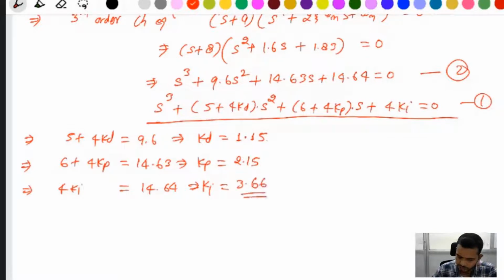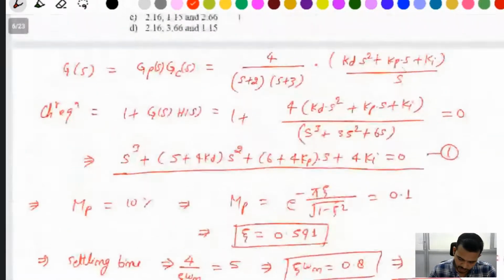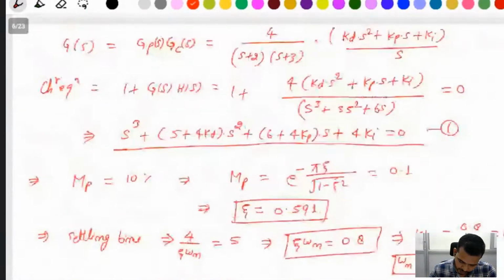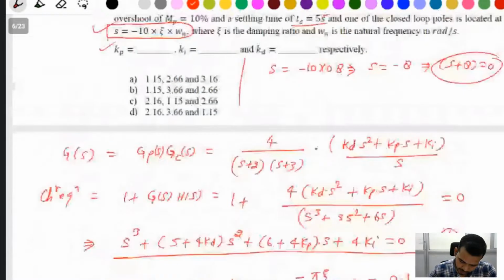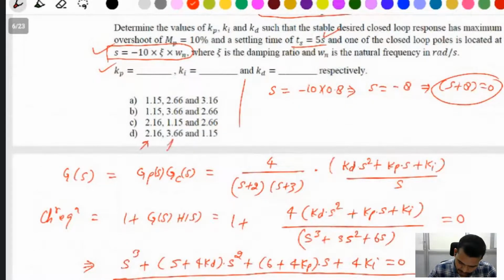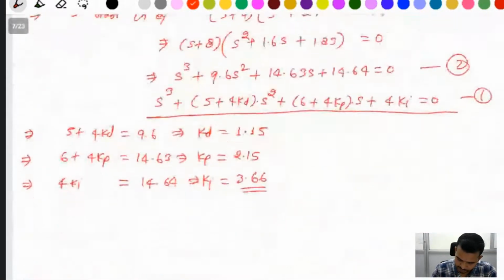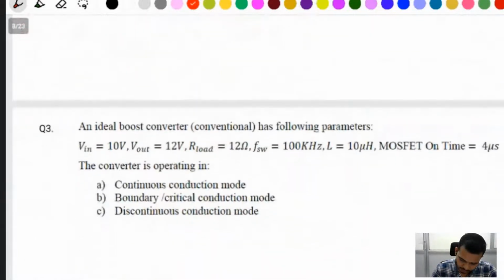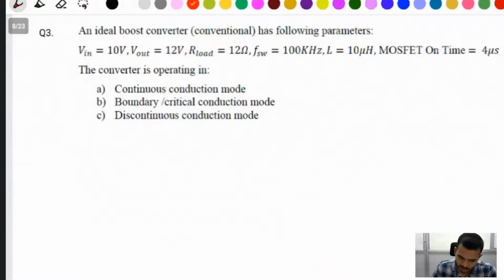Find ki, 3.66. So kp, ki and kd are 2.15, 3.66, 1.15. I think this one is kp, this one ki, and this one kd.